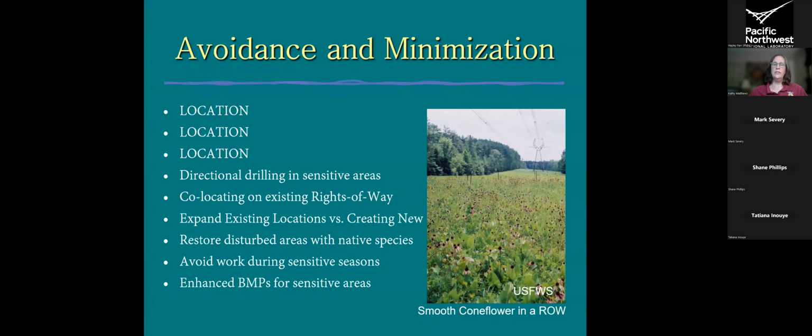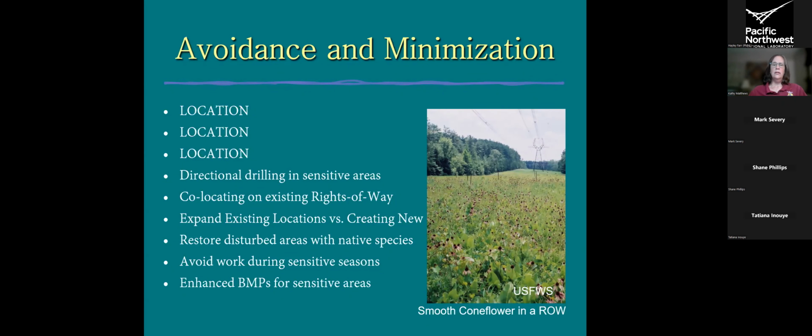So if you can avoid a resource, that is of course going to be the best option, and it's not possible in every case, of course. So minimization is the second tier of that consideration, where if you can't avoid it, try to minimize the impact as much as possible.